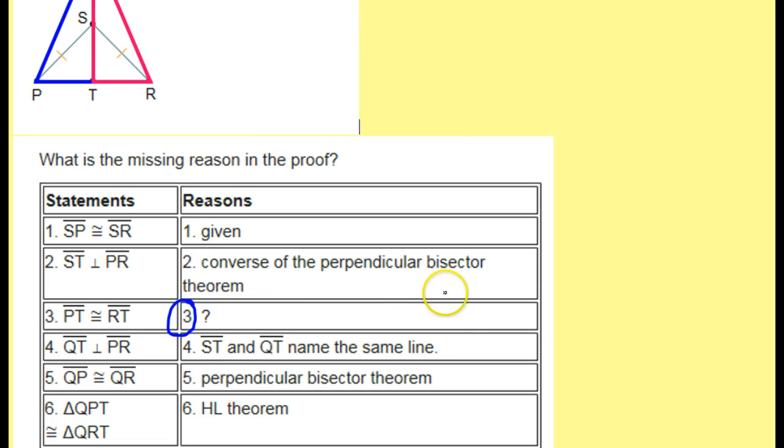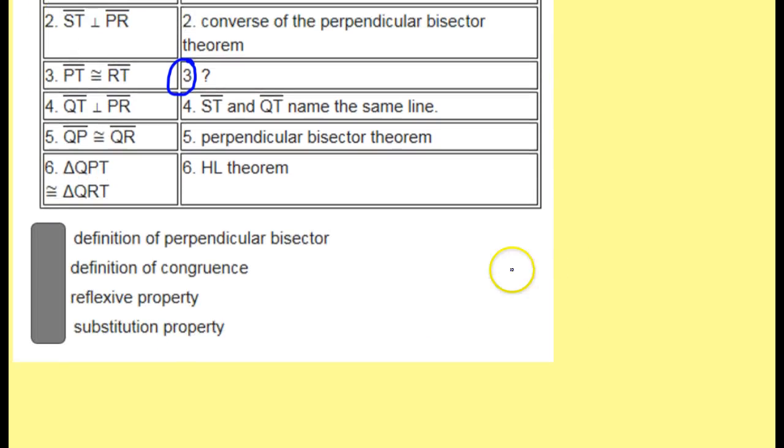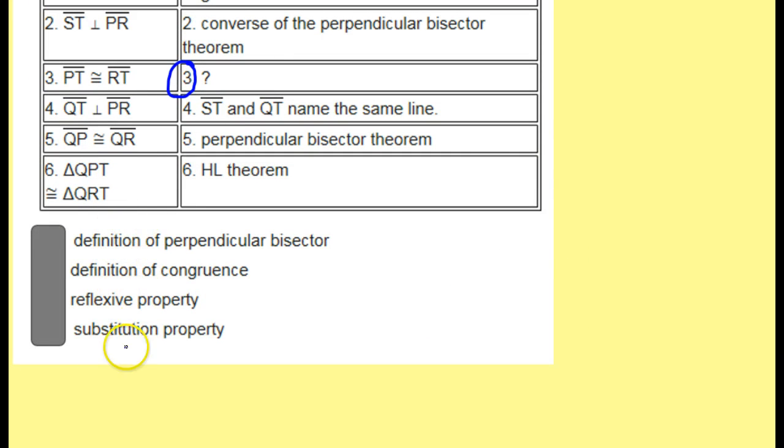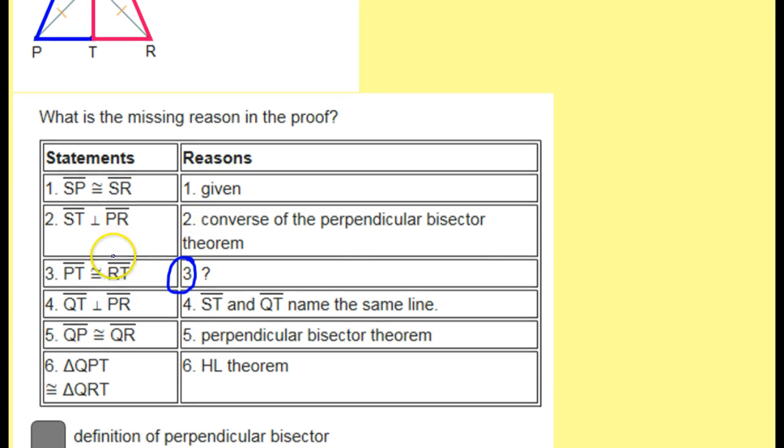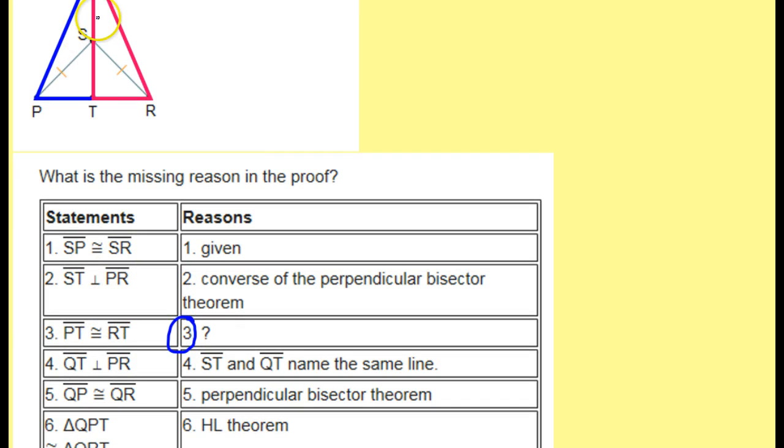This one is not completely obvious, except that it's the only one of these 4 choices that's going to remotely make sense. Look at the previous step. They said that ST, the vertical piece here, is perpendicular to PR, and the reason they gave was the converse of the perpendicular bisector theorem.